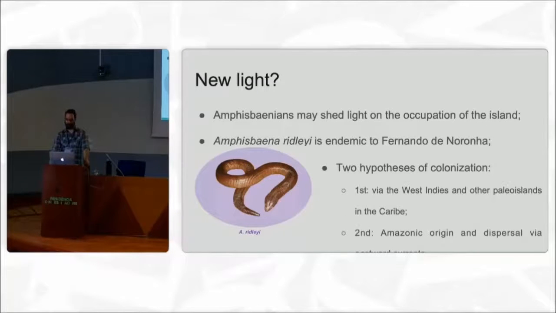We have this example of the Amphisbaena, that is endemic to the archipelago, but as vertebrates, they have more data available, so they can explore more easily.